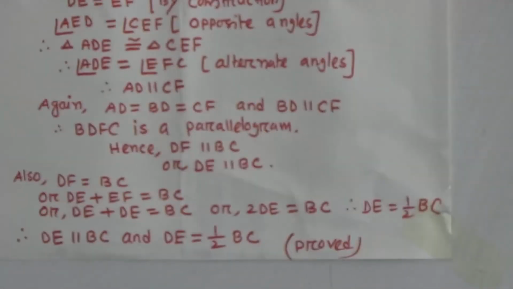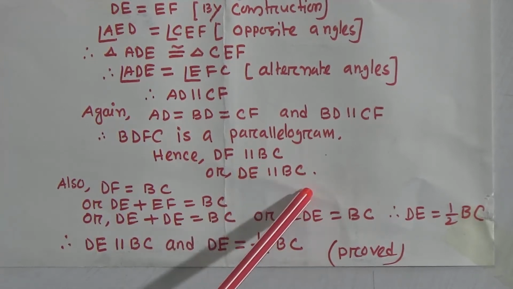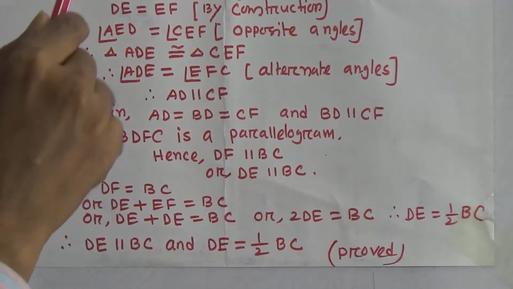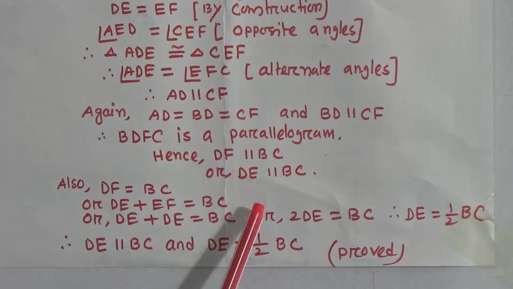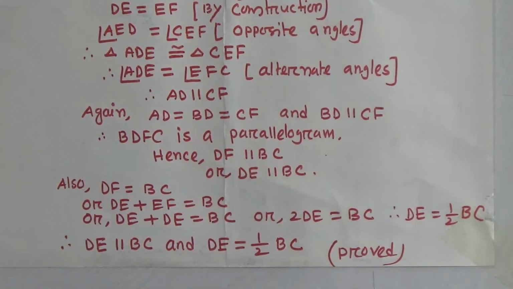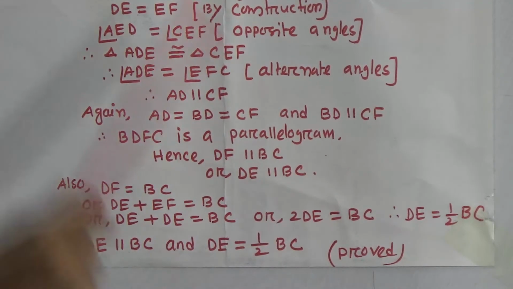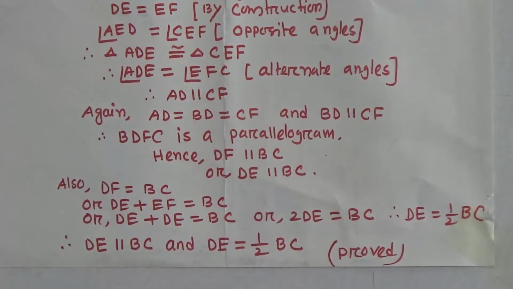Therefore, DE parallel BC. Look, as DF is parallel to BC, therefore you can say DE is also parallel to BC. Okay, student? I repeat again, as DF is parallel to BC, therefore you can say DE is also parallel to BC.